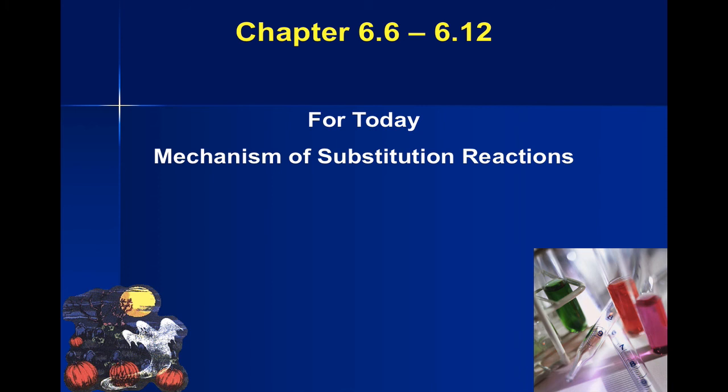Another name for an electrophile is a Lewis acid. All electrophiles are Lewis acids, okay? And it turns out that alkyl iodides, or alkyl halides in general, are Lewis acidic. And how is that possible? How is it possible that this iodo compound is a Lewis acid?